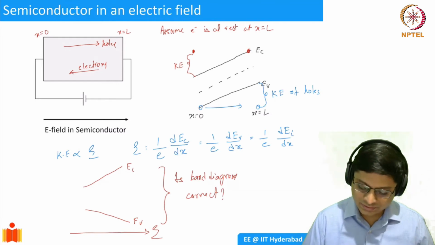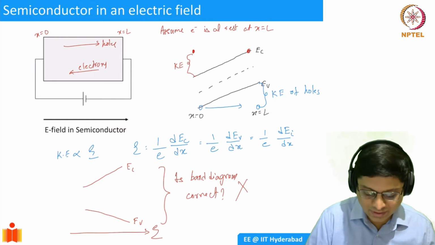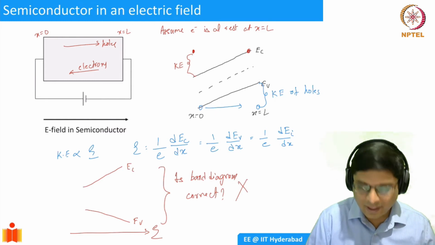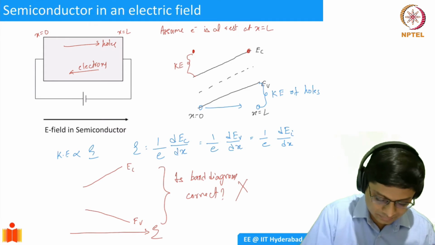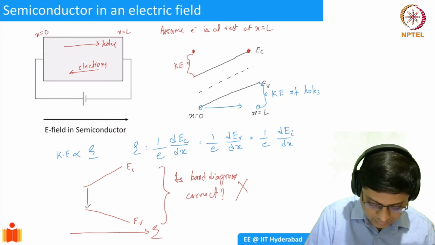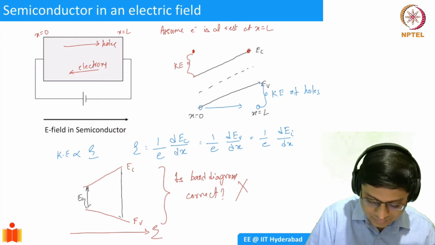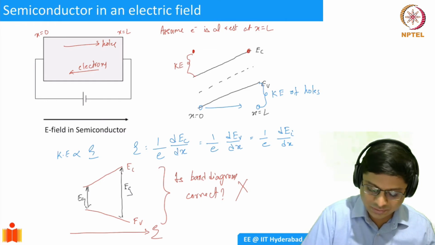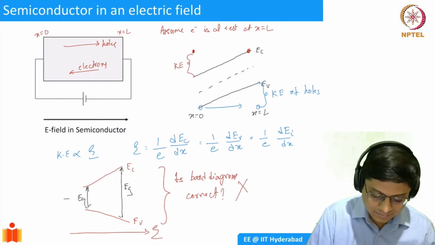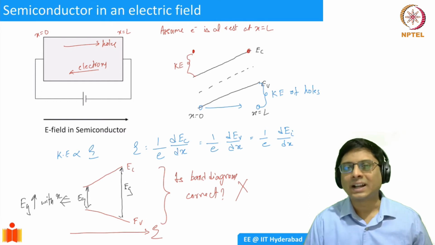It turns out that this is incorrect. The reason is that EC minus EV is always going to be your band gap, EG, and here you're showing that the band gap is increasing. So if this was correct, it implies EG is increasing with x, and that is not possible.